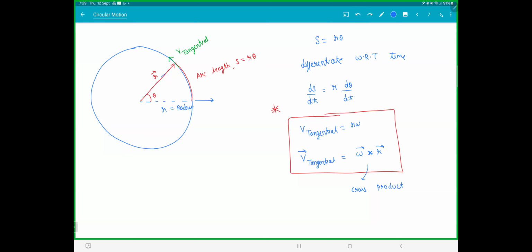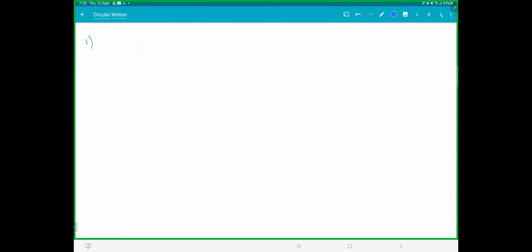Let's see a question. We have a particle here at 0, comma d. This particle is going in a straight line with speed v. We have an observer standing at the origin and observing the particle.